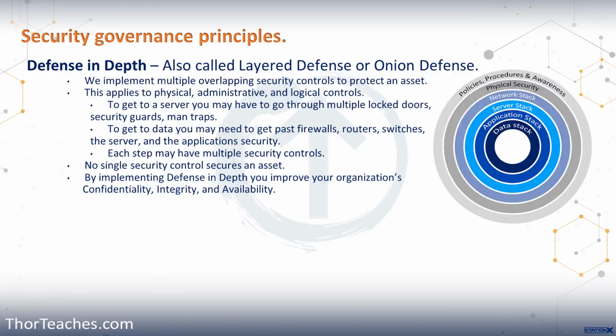Then obviously I have a lock on my door. Let's say I did have that $10,000 there, then I might choose to have a safe or a security camera or something else, whatever would make financial sense to protect the asset that I have. And when we have those multiple overlapping security controls, then we improve our organization's confidentiality, integrity, and availability.